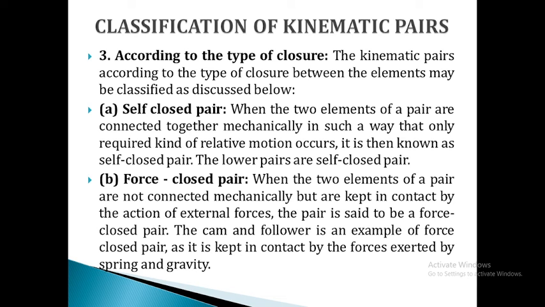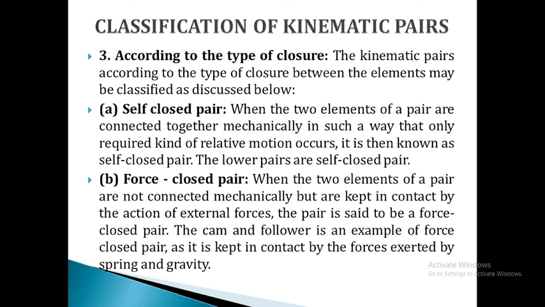Self-closed pair means when the two elements of a pair are connected together mechanically in such a way that only the required kind of relative motion occurs, it is then known as self-closed pair. The lower pairs are self-closed pairs, and the second classification of kinematic pair is force-closed pair.